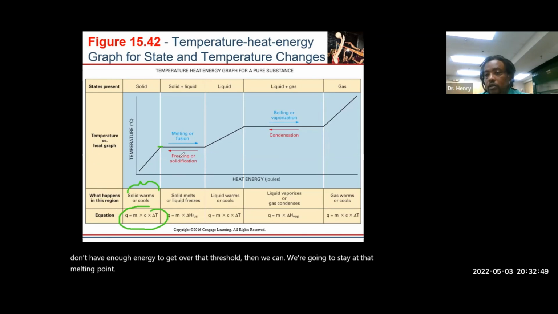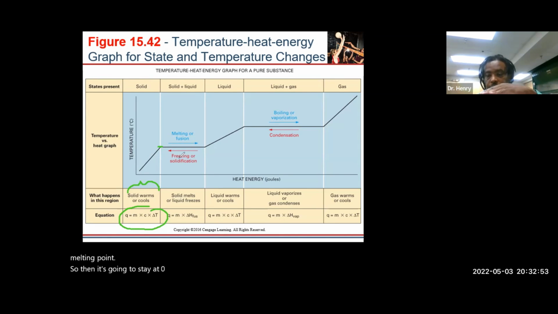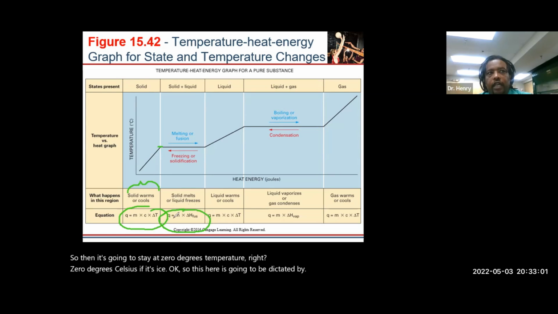So it's going to stay at 0 degrees Celsius if it's ice. So this here is going to be dictated by Q equals the mass times the heat of fusion.